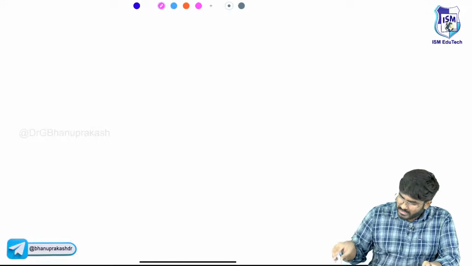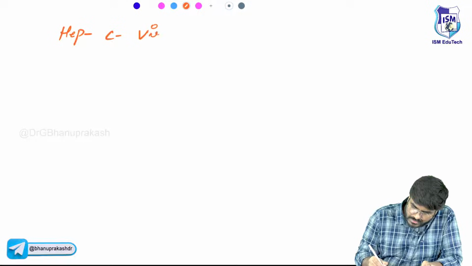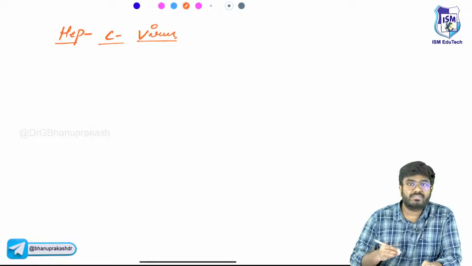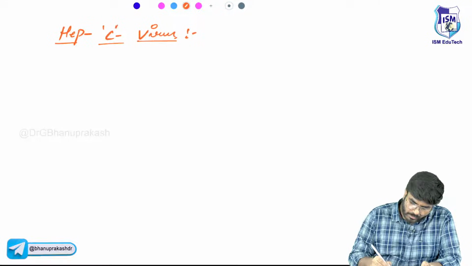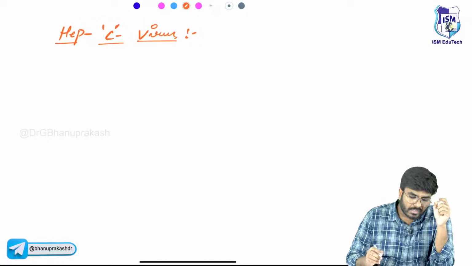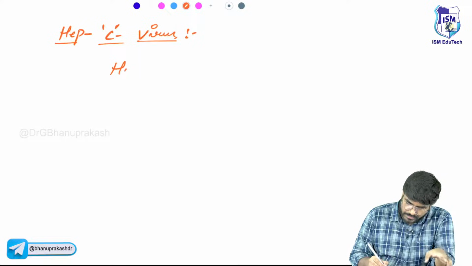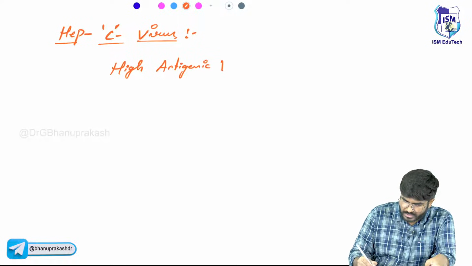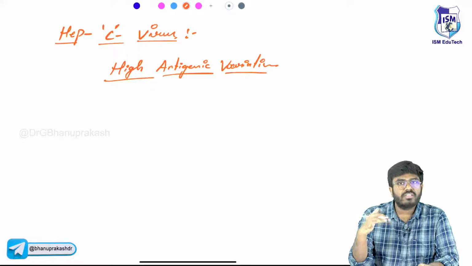Now, after this, the next hepatitis virus that I want to discuss here is hepatitis C virus. Hepatitis C and hepatitis D are simple things. I used to remember C for changing, it always changes. It will undergo high antigenic variation, which means the capsid is always changing.